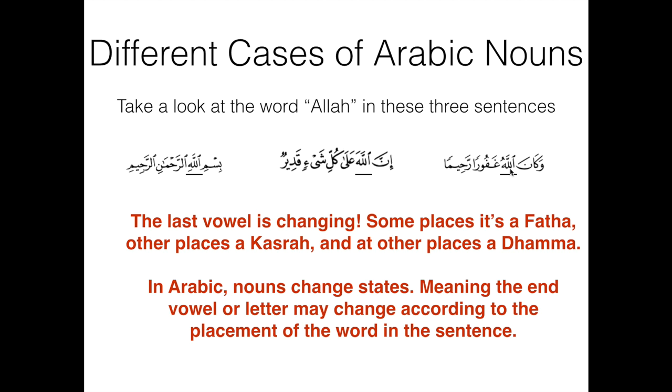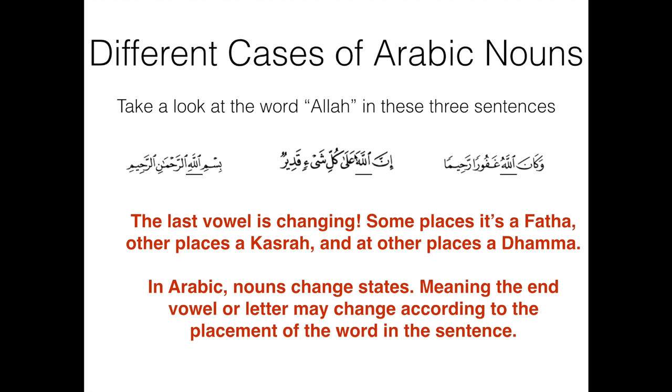Notice the word Allah. In the first sentence it has a dhamma at the end. In the second sentence it has a fatha, and in the third sentence it has a kasra. What is happening here? According to the placement of the word Allah in the sentence, the vowel is changing.